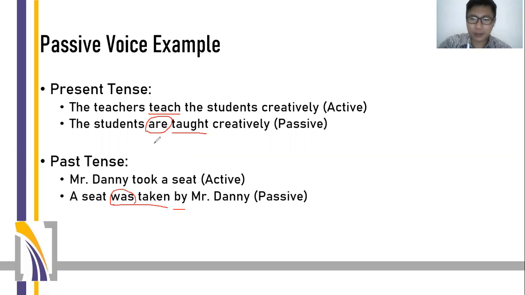That's all. So passive voice, you just change it from object into the subject. But if you change that, that means you also need to change the be and the verb that is inside of the sentence.